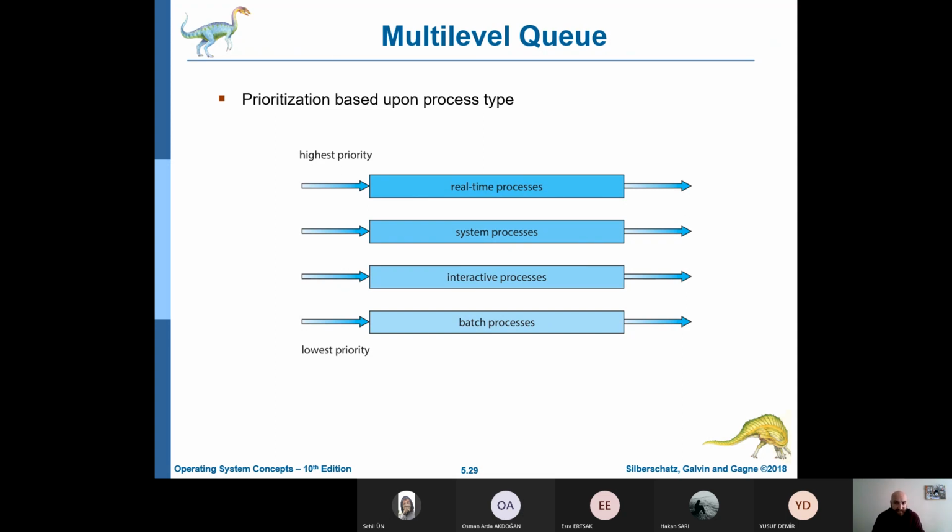No process in the batch queue, for example, could run unless the queues for real-time processes, system processes, and interactive processes were all empty. If an interactive process entered the ready queue while a batch process was running, the batch process would be preempted and we have to serve the interactive process. So this is an example of how we can use multi-level queues, creating a priority based on different process types.